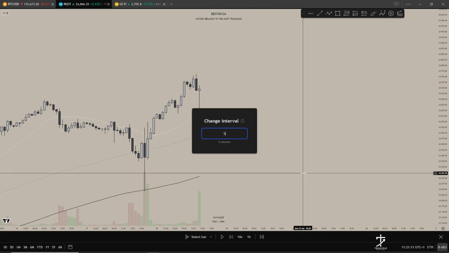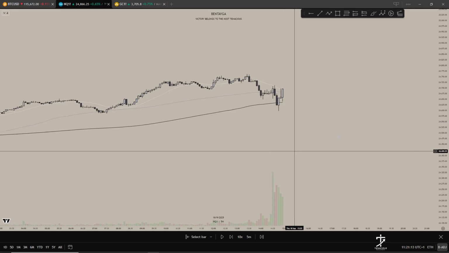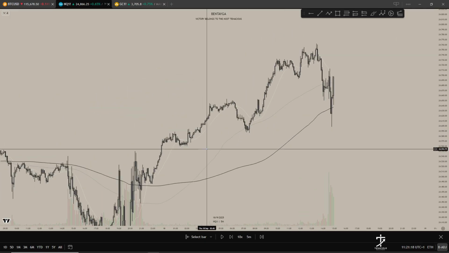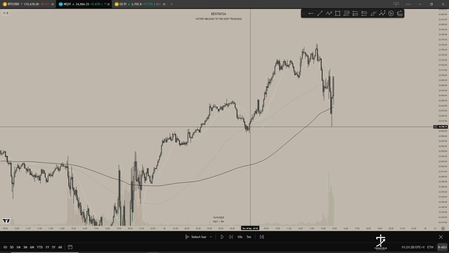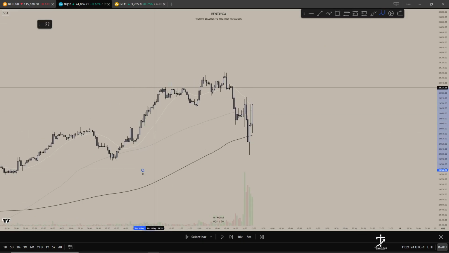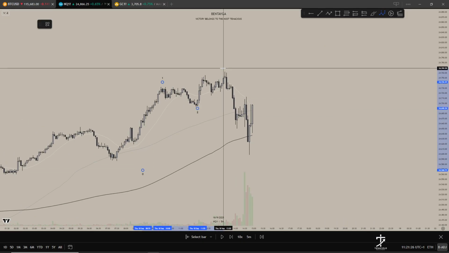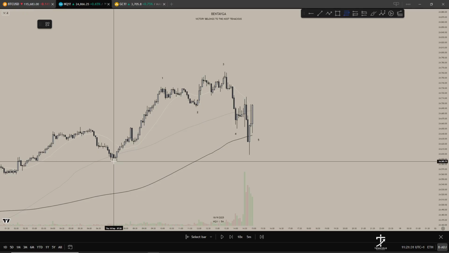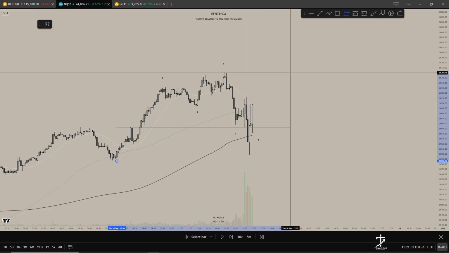When I head over to my 5-minute chart, we can see that price is also bullish. We have come back to retest the SMA. You can say that we are facilitating a higher time frame SBS, but essentially that could be my 1, 2, 3, 4, 5, and I'm drawing out a zone from this low to this high.